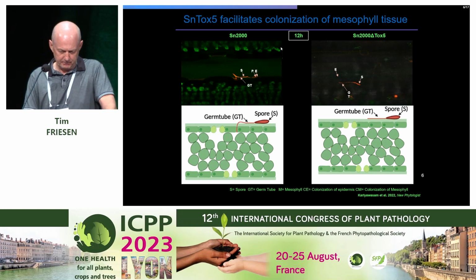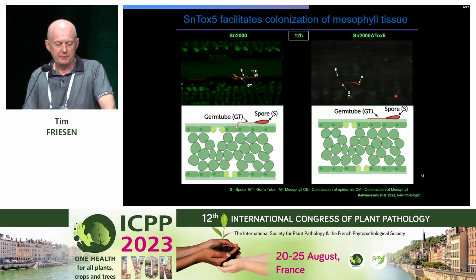Here we have a 12-hour time point using confocal microscopy. In each one of these, the left is the wild type that has TOX5, inoculated on LP29, our differential line that has SNN5. Over here we have the knockout.